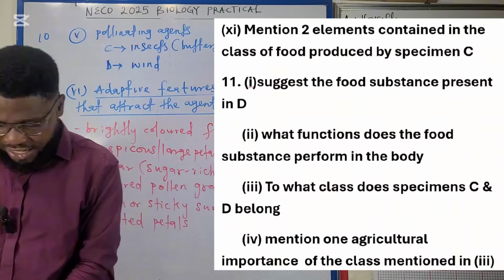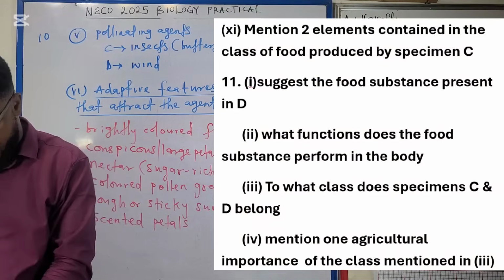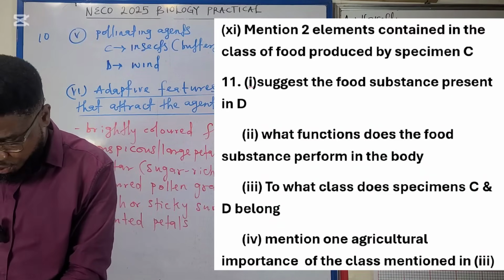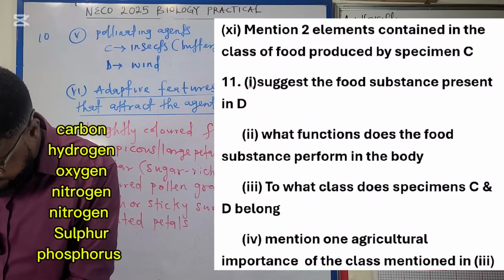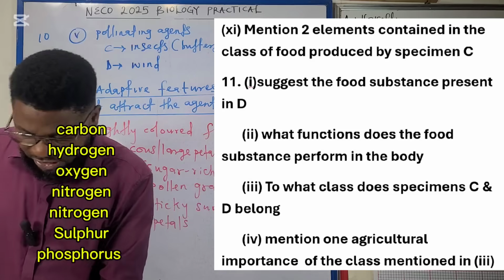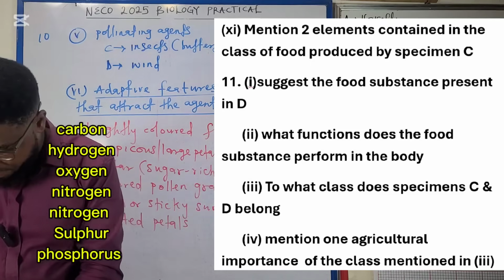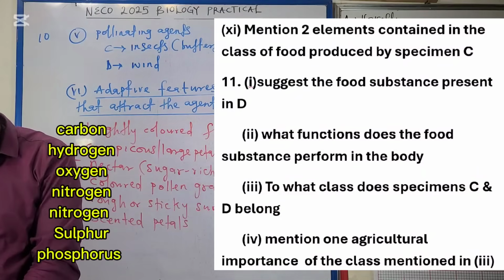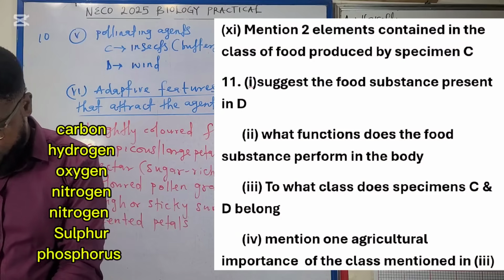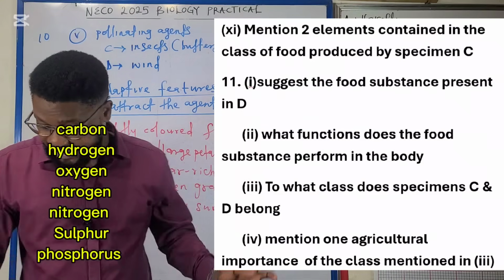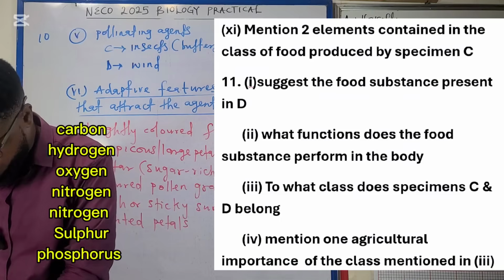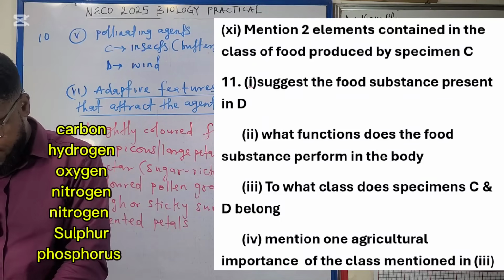That answers that. Then question 10, Roman figure 11, XI, it says, mention 2 elements contained in the class of food produced by specimen C. In there we have carbon, hydrogen, oxygen, nitrogen, sulfur, and phosphorus, because the class of food produced in there is protein.